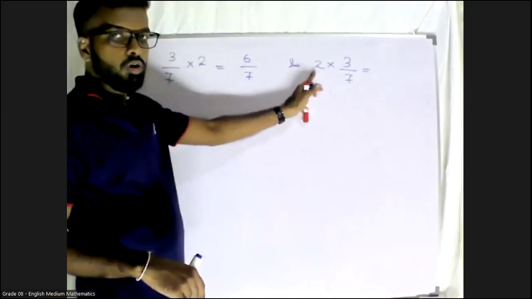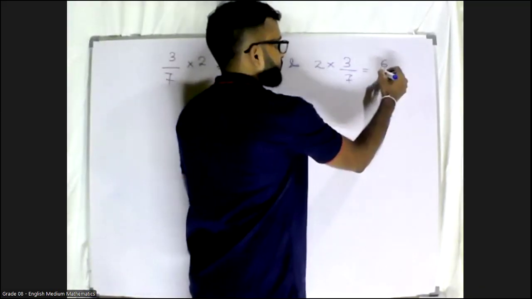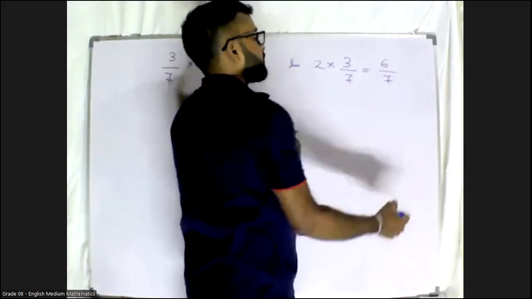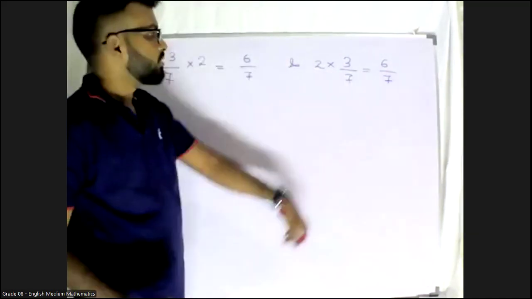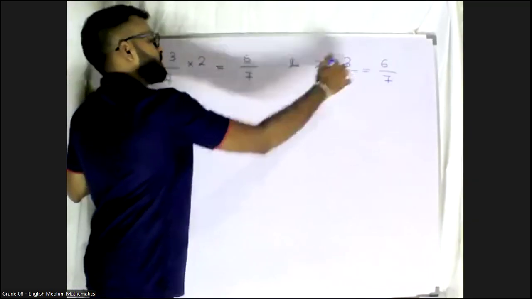And now whole number by a fraction. 2 times 3, 6. Denominator is 7. So this equals this.